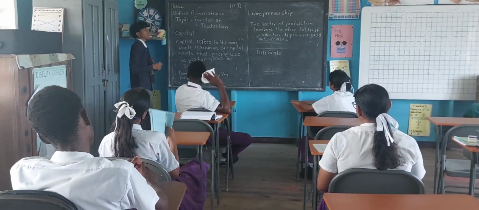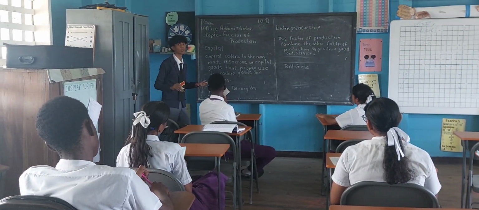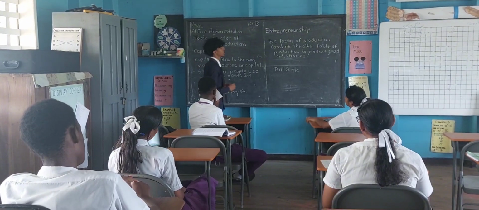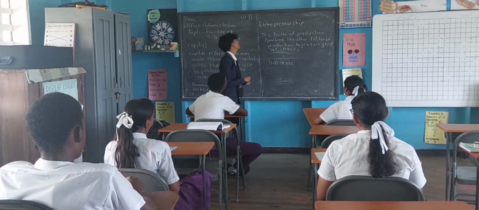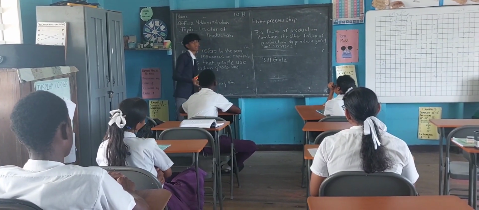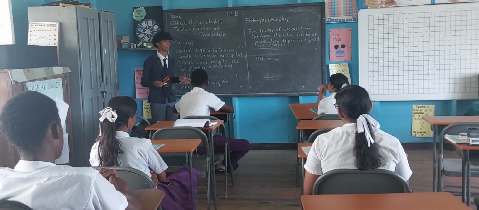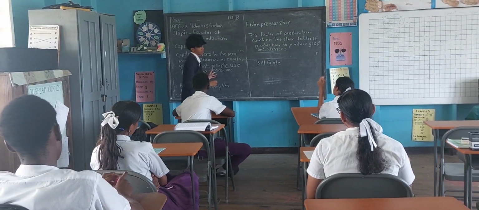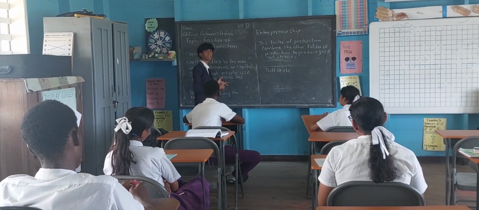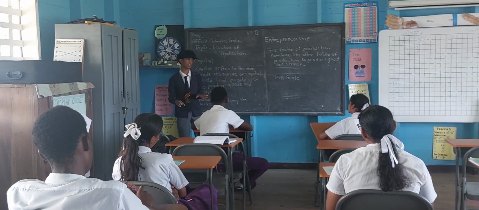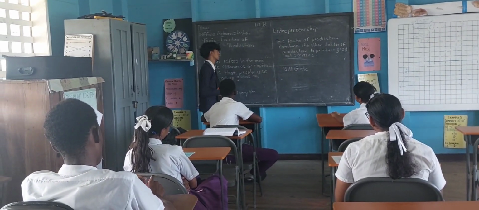Our last factor of production is the most important factor of production, and it's entrepreneur or entrepreneurship. When we talk about entrepreneurship, we talk about someone who uses the other 3 factors of production, which are land, labor, and capital. They combine these 3 factors of production to produce goods and services.